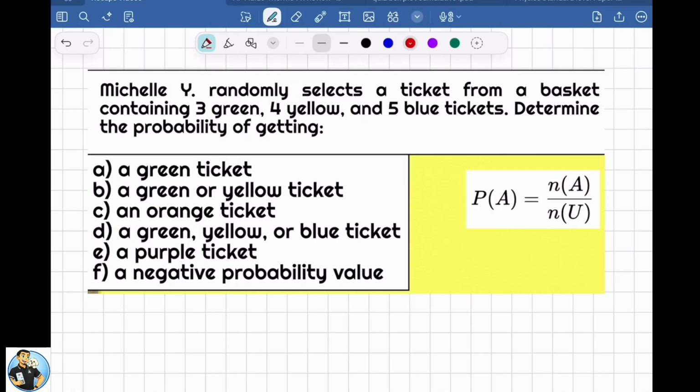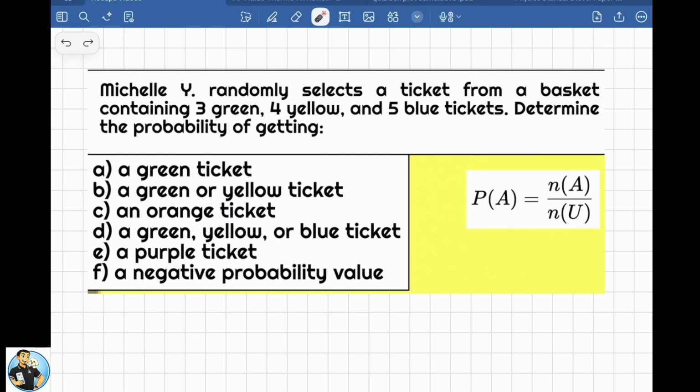Michelle randomly selects a ticket from a basket containing 3 green, 4 yellow, and 5 blue tickets. Determine the probability of getting... We have the formula, and then we have some questions. Before using our formula, we need to find out the number of outcomes.